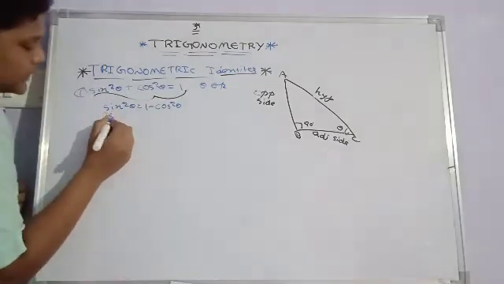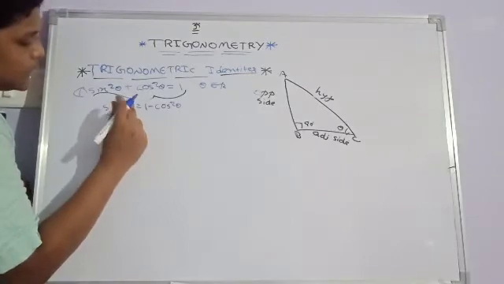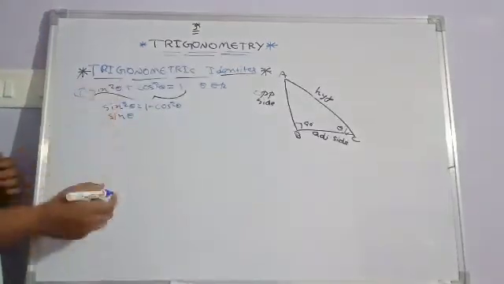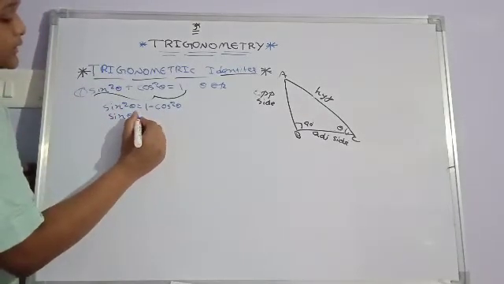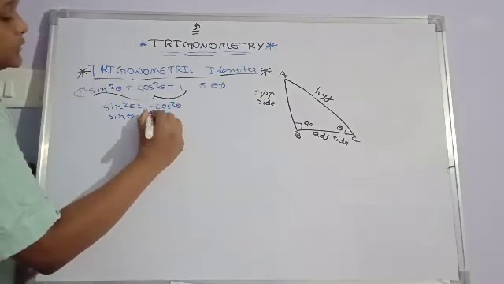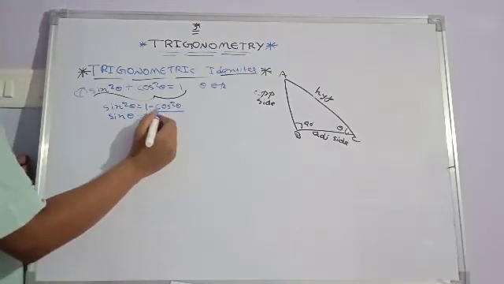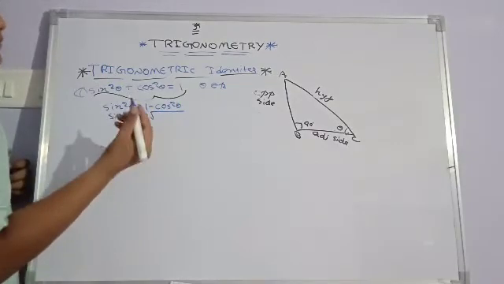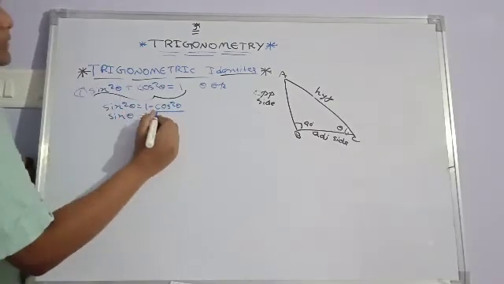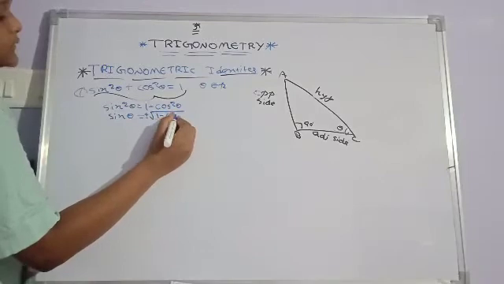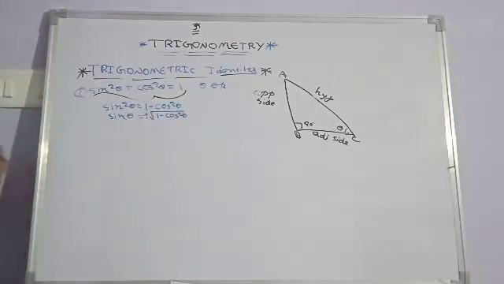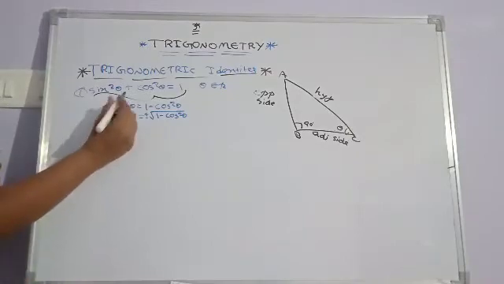Now sin theta, the square, when it moves to the other side becomes root, so we don't know whether it is plus or minus, so plus or minus sin theta is equal to plus or minus root over 1 minus cos square theta.